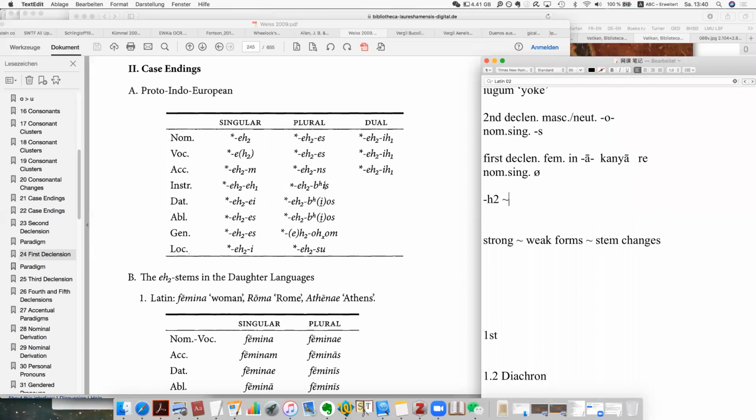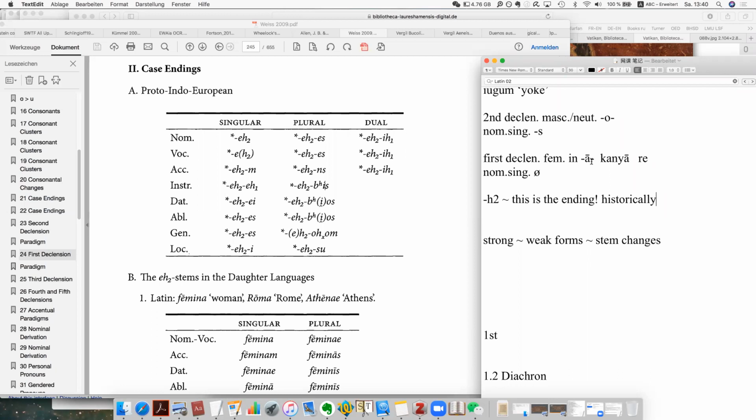Historically, this is the ending. That's why we don't have S, right? So this is already the ending for the collective plural. Okay, so this is actually the origin of the feminine in A.